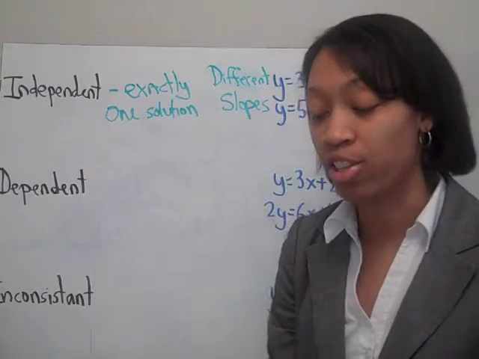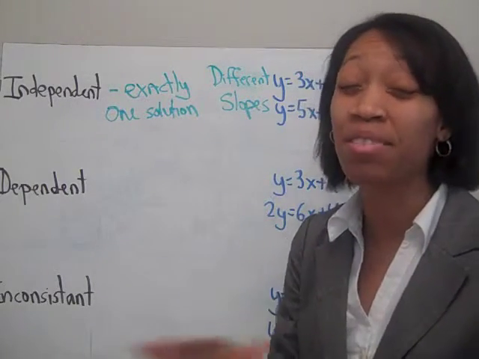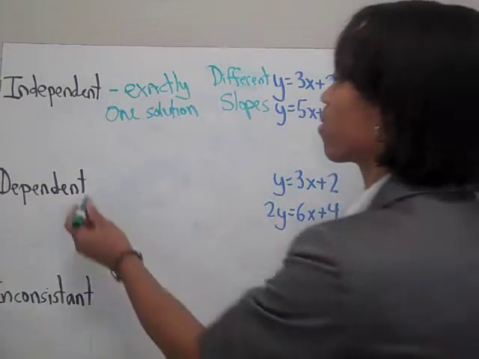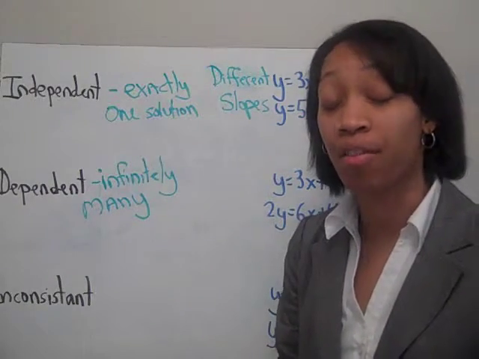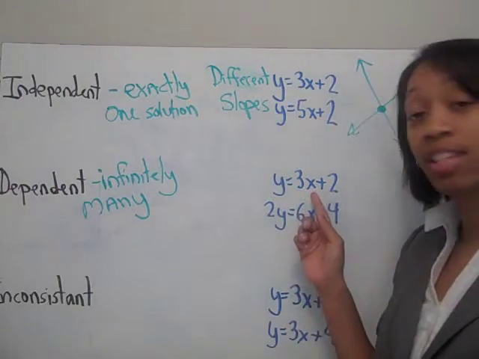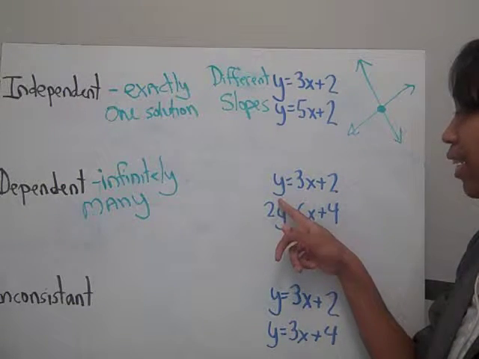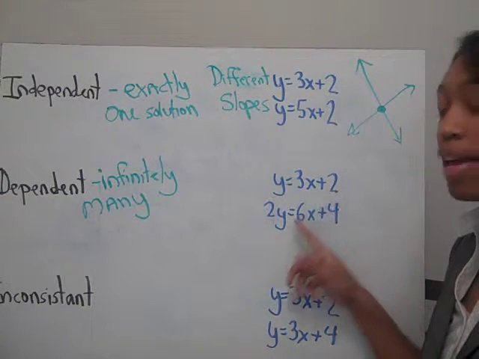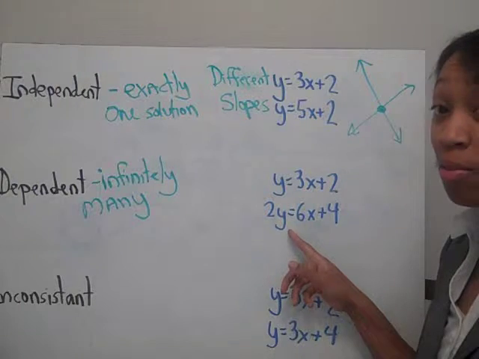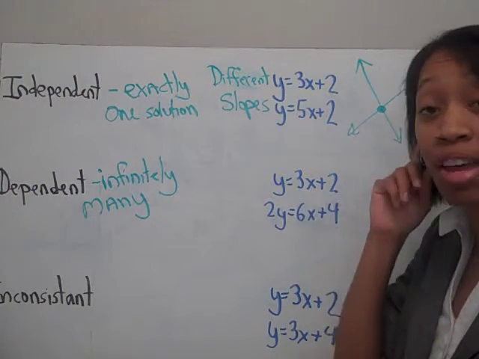If the equations are dependent, then there are going to be infinitely many solutions. If they're dependent, that means that when you solve for y, the two equations that you get are actually going to be exactly the same. Here I have y equals 3x plus 2. If you take this bottom equation and solve for y by dividing by 2 on both sides, you're going to get the exact same thing as the top equation.